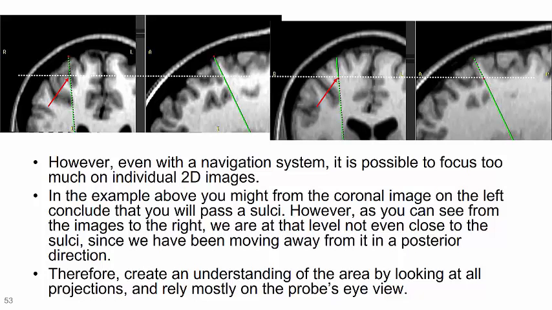However, as you can see from the images to the right, we are at that level not even close to the sulci, since we have been moving away from it in a posterior direction. Therefore, create an understanding of the area by looking at all projections and rely mostly on the probe's eye view.